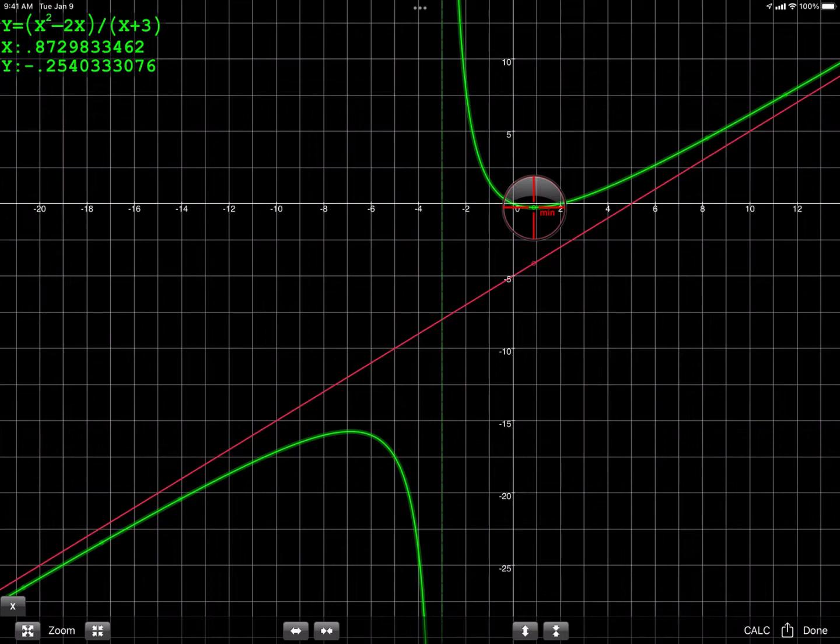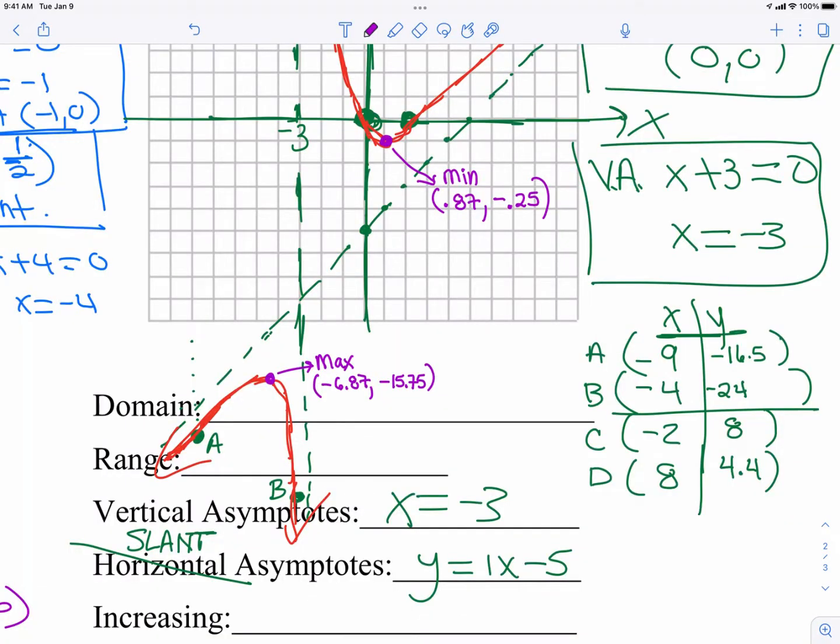All right, so we'll transfer this information back to the page. Here I have the maximum point, negative 6.87 comma negative 15.75, and the minimum coordinate here, 0.87 comma negative 0.25.